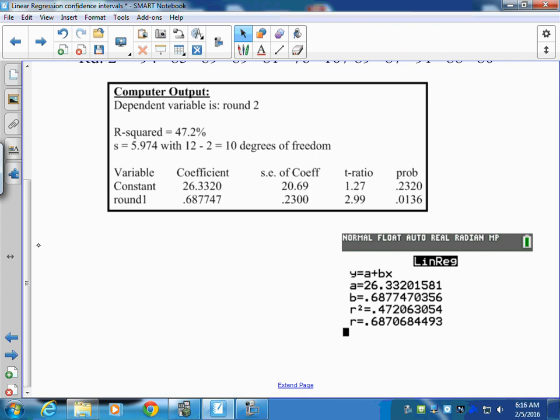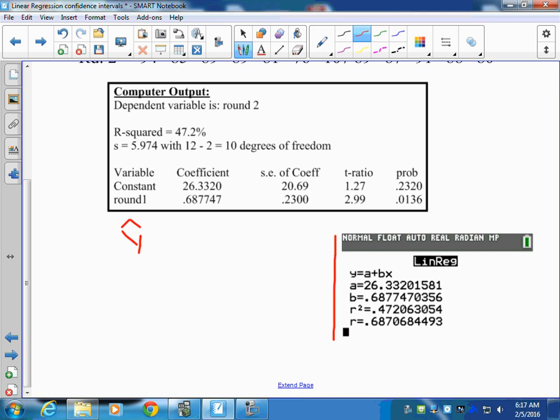And I also have the calculator version of the data as well, with this plugged into our TI-84 calculator. So our regression equation, predicting y hat, or predicting round two scores, equals our y-intercept of 26.33.